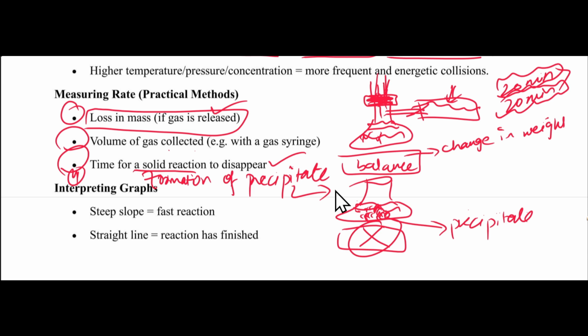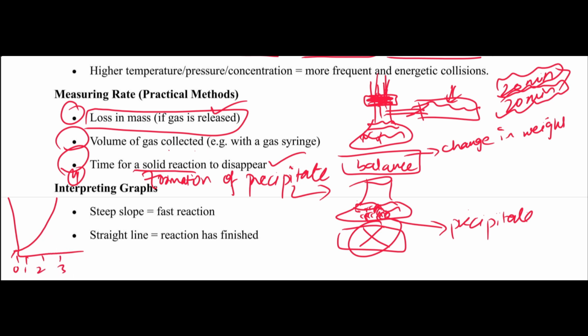Another thing about the questions that will come in your exam: they will ask at which time the rate of reaction is faster, or at which time the rate of the reaction is slower. For example, they give you a graph like this, and they will ask what time, 0 to 1, 1 to 2, 2 to 3, is the rate of the reaction faster.